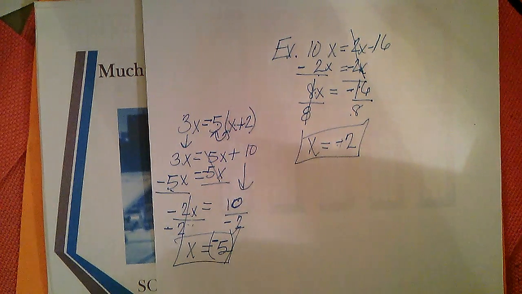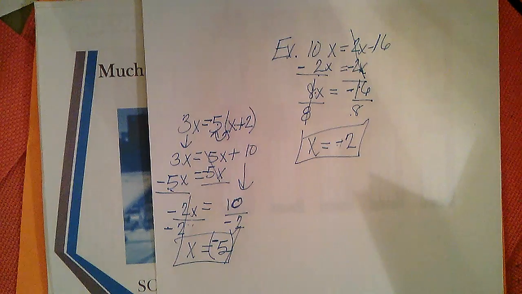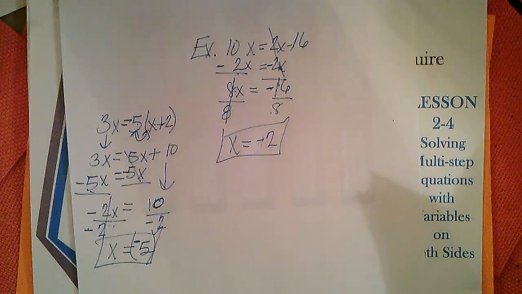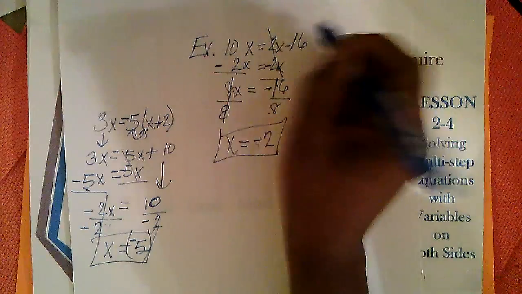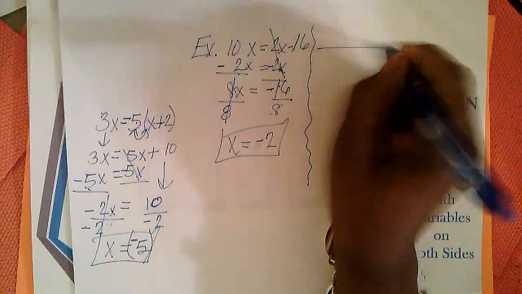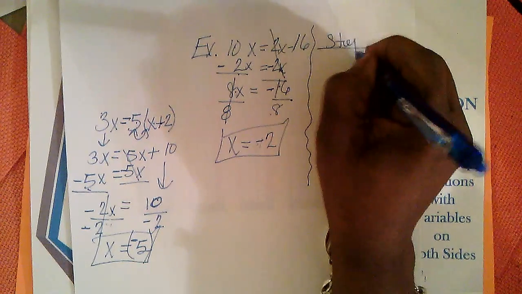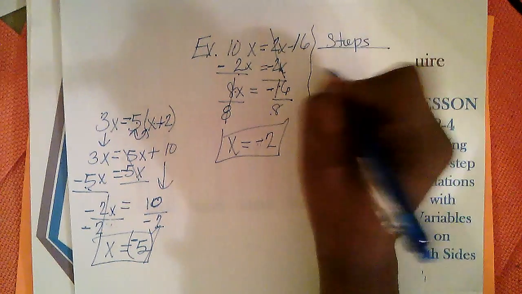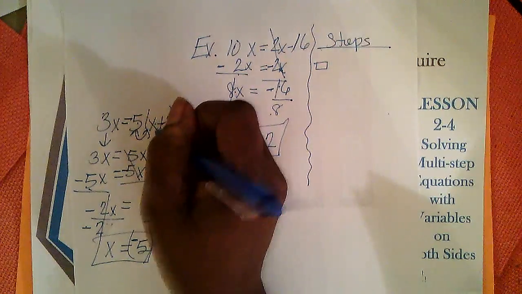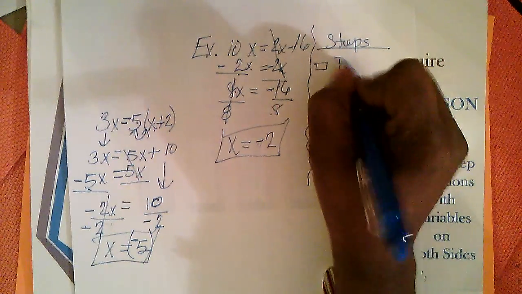Now, if we had some steps that we wanted to go through, and when I say steps, it's not necessarily the order, it's the steps that may be required to solve it. Thinking of steps, one step would be if the distributive property was involved, we would do that.